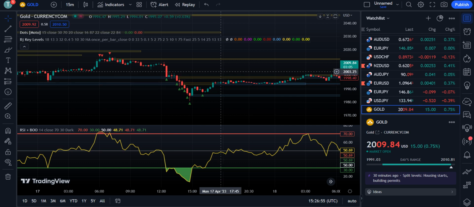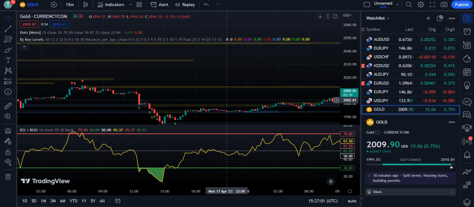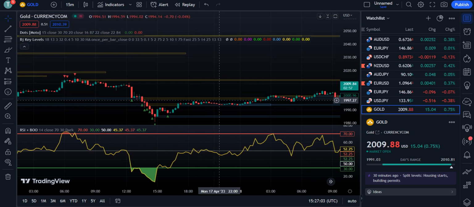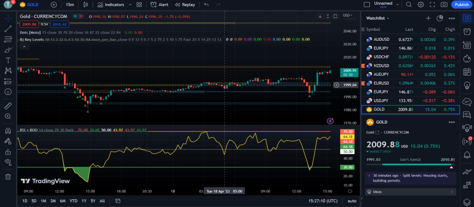And if it crosses its resistance level, then it will enter into another mode, or you can say the zone, or the envelope. So it will work as its support level, and this will be its resistance level. As you can see here, it has crossed this level, so it has entered into the envelope. That was the second level, so this became the support level, and that became the resistance level.